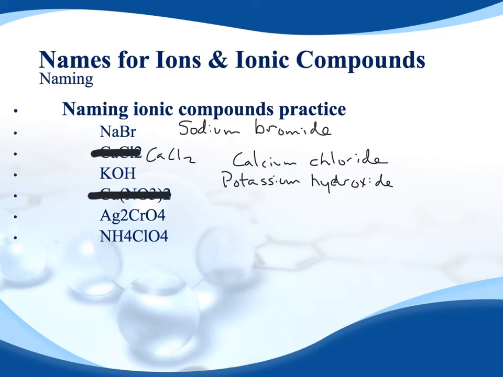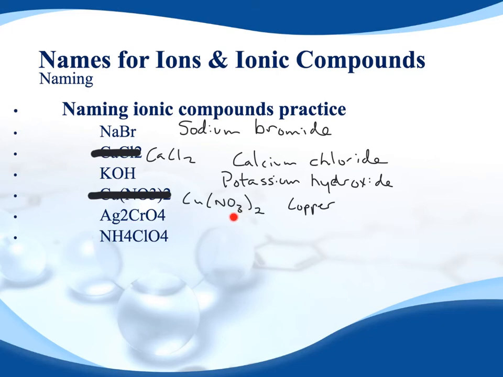Okay. So this next one is Cu(NO3)2. Okay, so we name the monatomic cation first. That is copper. Okay, rule number 4 says to watch out for transition elements, so we need to see its charge.